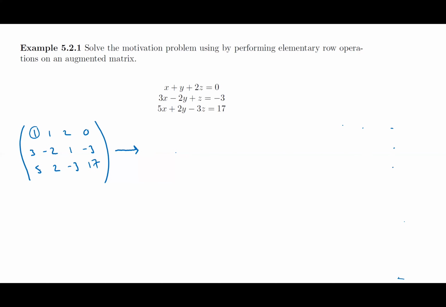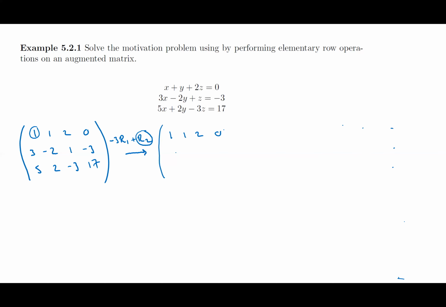I'm going to start with the 3. I'm going to multiply -3 times row 1, and add to row 2. Now, which row in my matrix am I actually changing? I'm changing row 2, so I'm going to circle it just to remind me that that's the row I'm actually changing. So row 1 stays as it was.